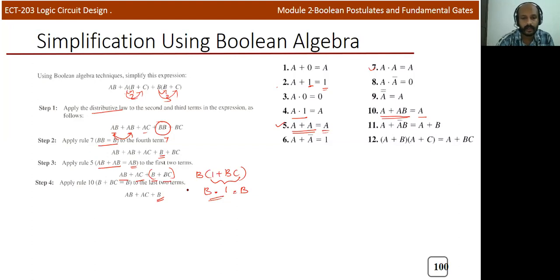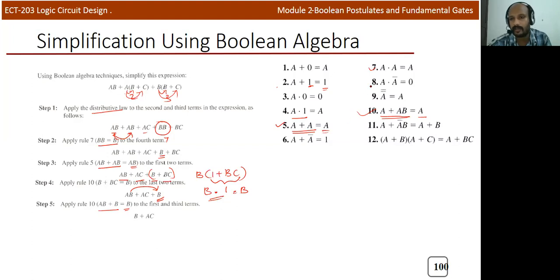Okay. So next you can see that another term, if you consider AB and B, again similar to rule 10. Okay. First and third term, if you consider it's AB plus B, which is equal to B by rule 10. Okay. So there's no standard numbering for this rule.